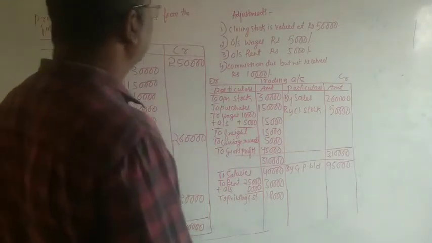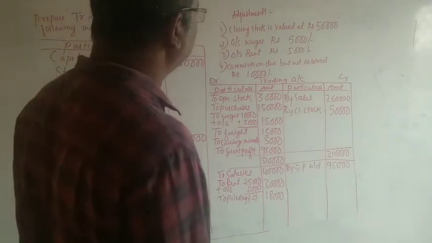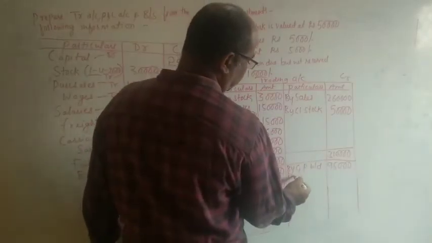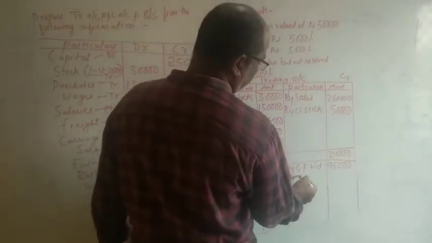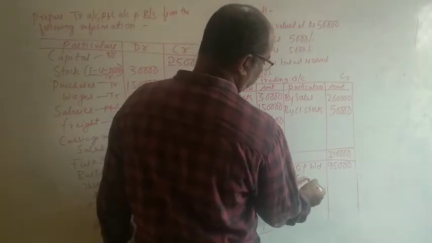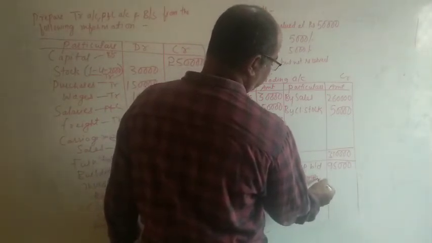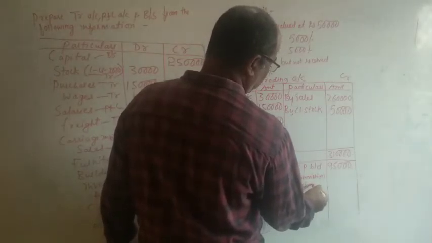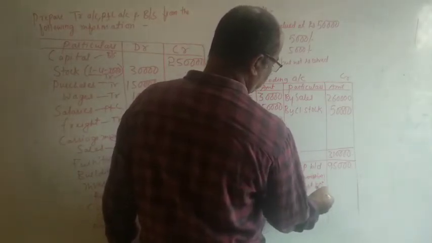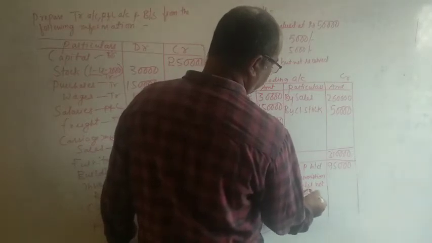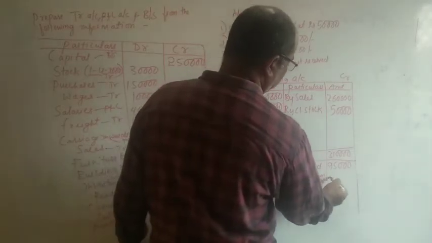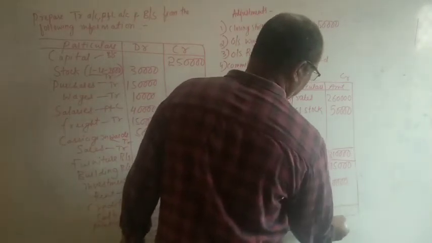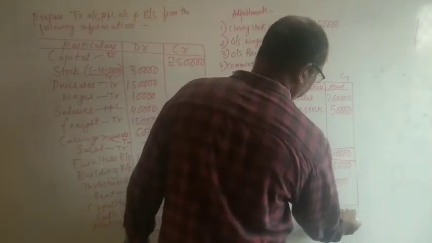On the credit side, commission due but not received. It is not paid, it is to be received, so it will come on the credit side as income accrued, commission due but not received, 10,000. So altogether 1,05,000.